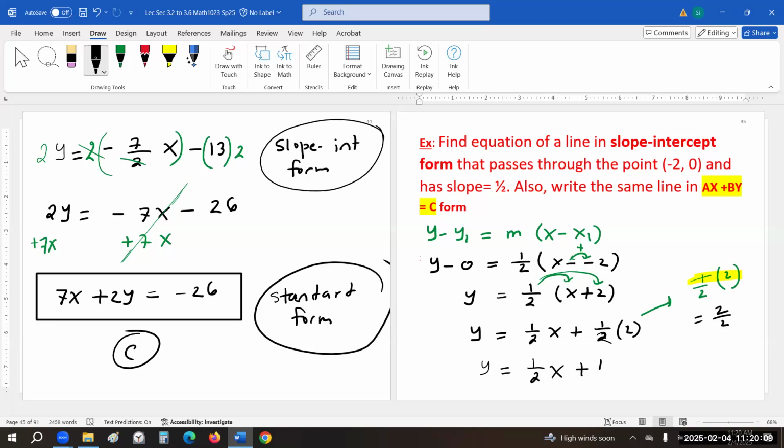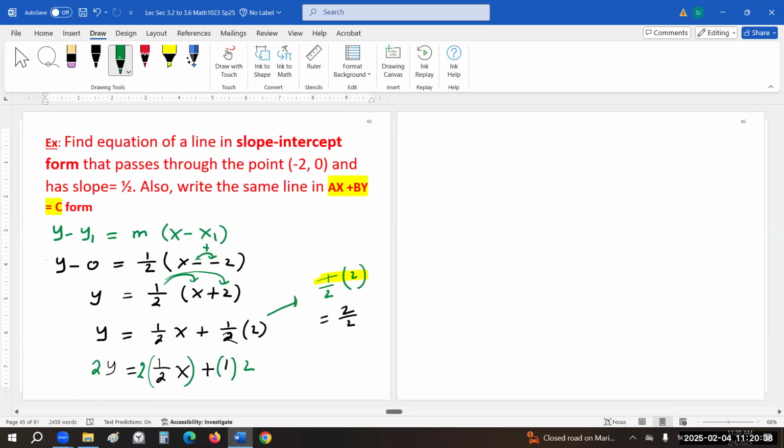Okay, Maimuna, next step. What do you do from there? Remember, our goal is to bring x and y together and no fraction, no negative for x. So we don't want the fraction, so we multiply all the terms by 2. That helps us get rid of the denominator.